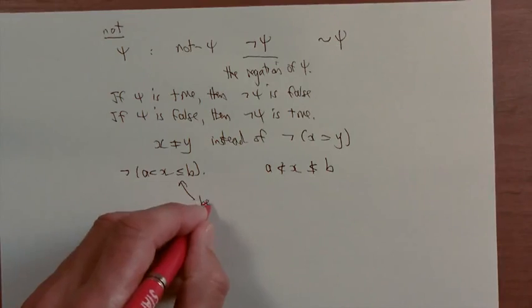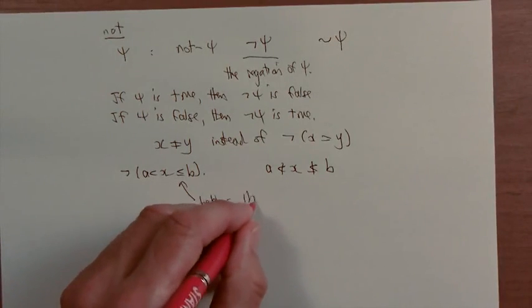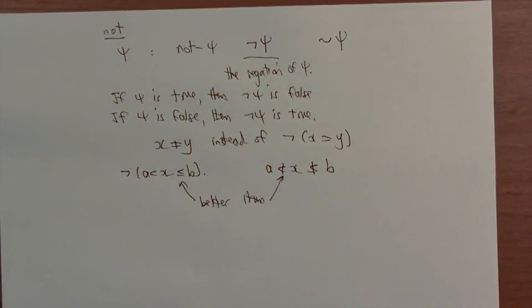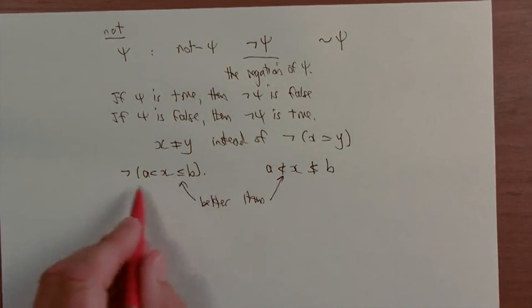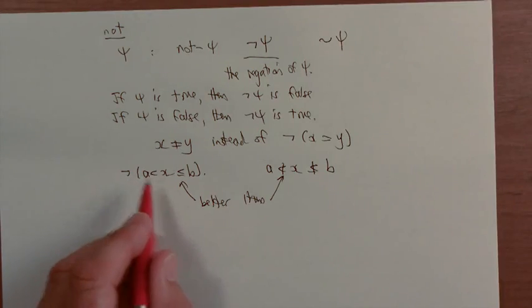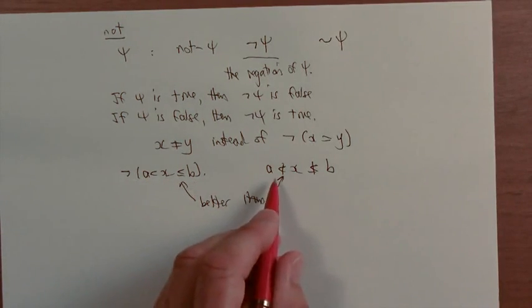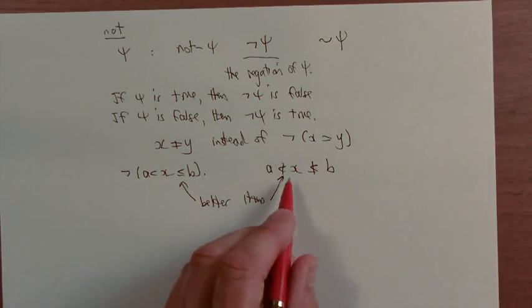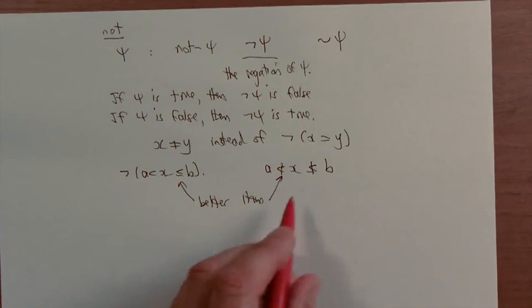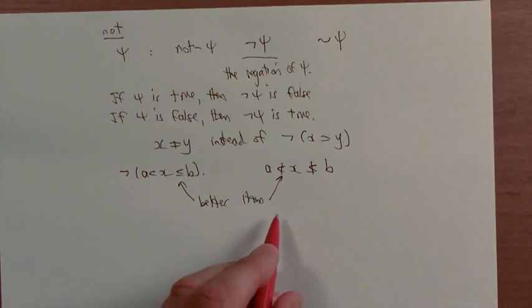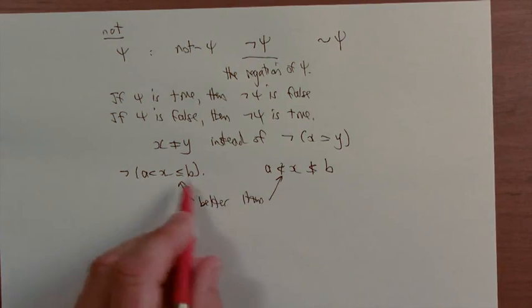That one is better than this one. This one is completely unambiguous. It means that it's not the case that X is between A and B in that fashion. This one, well, you could agree that it means that, but it's really ambiguous as to exactly what's going on here. So I would say avoid things like that.